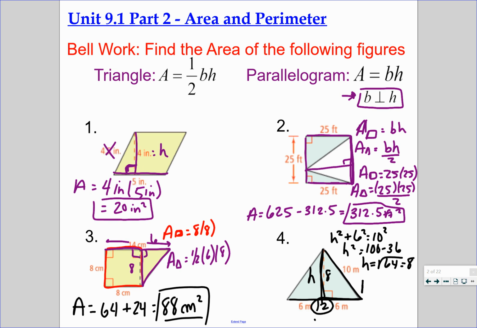So now for the area of our triangle, we'll do 1/2 times our base of 12 times our height of 8, and half of 12 is 6. 6 times 8 is 48, and this would be square meters. So make sure you have that for number 4.